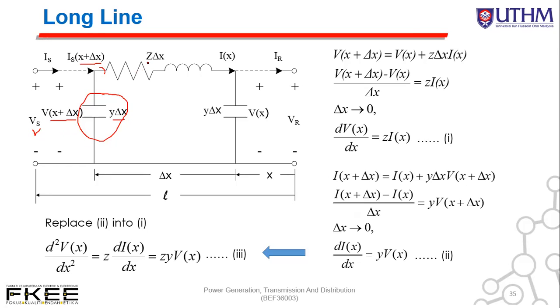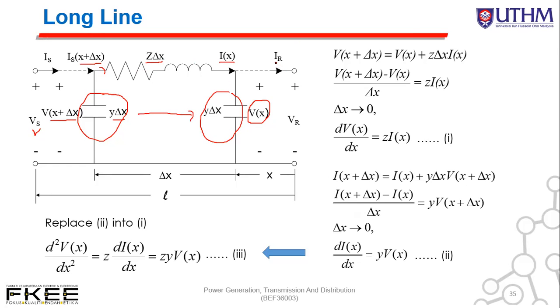and then the current travels through the line impedance, that is Z delta x, and we have the final current Ix before the receiving end, while the final voltage before the receiving end is Vx. Here we assume that all the admittances are the same, that is Y delta x, through the whole transmission line system.